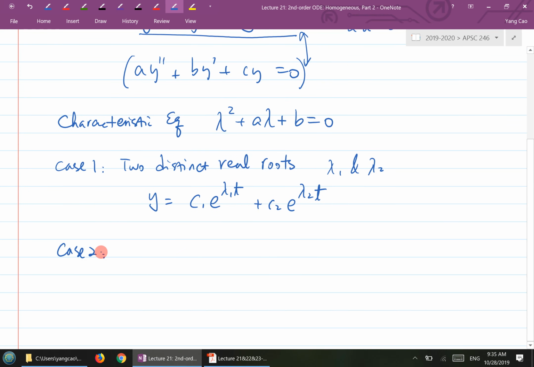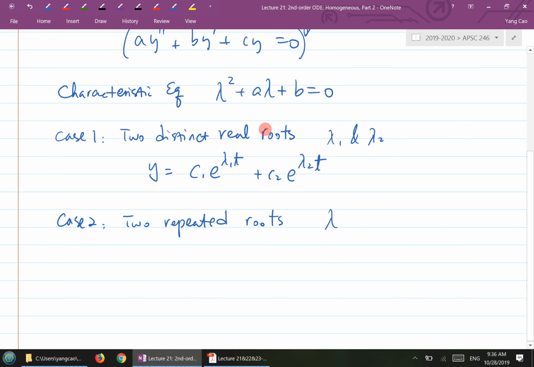And case number 2 is when you have two repeated roots. Or in other words, there's only one root, just the lambda, but repeated twice. That's when you have two repeated roots.